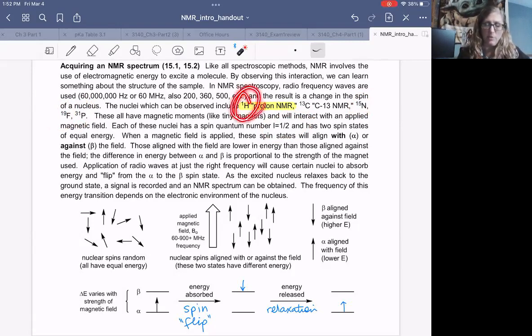Luckily, protons do, and of course, our organic molecules have tons of protons all over the place, and only the isotope C13. C12 is the most prevalent isotope. C13 accounts for only about 1% of the carbon atoms, and so we're able to just look at a sampling of the carbon atoms, which makes that technique very interesting as well.